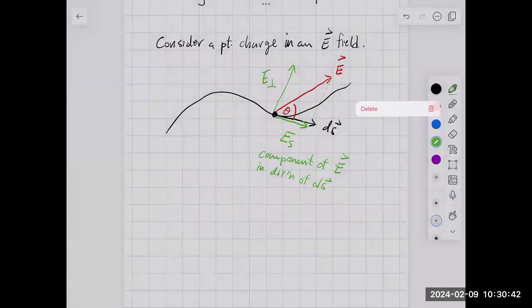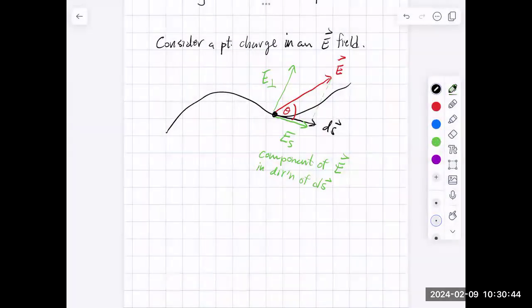Okay, so from the work-kinetic energy theorem, it just keeps giving, right? We just keep starting at the same place and we just derive different things from it.